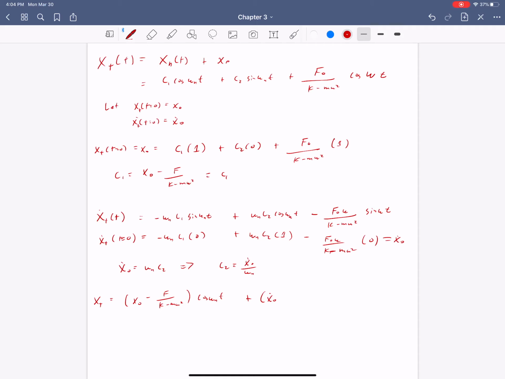This is x dot naught over omega n, times sine omega nt, plus F naught over k minus m omega squared cosine omega t.